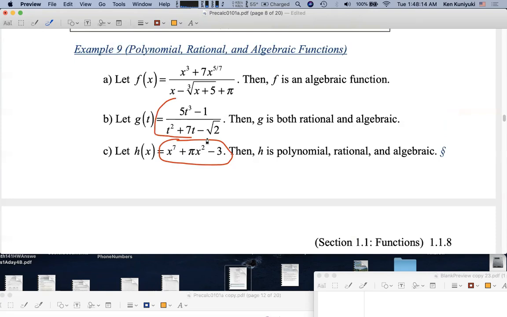This is the defining rule for a rational function, where we allow for fractions of polynomials. And this is a defining rule for an algebraic function in general, where we allow for things like rational exponents on x and square roots and cube roots and so forth of variable radicands. Remember, all polynomial functions are rational and all rational functions are algebraic.